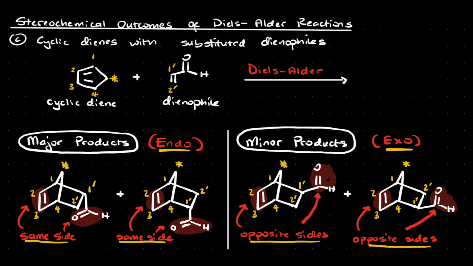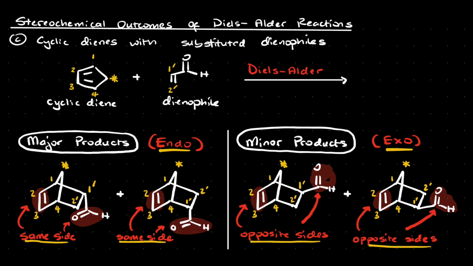When the dienophile ends up on the same side as the product pi bond, we call this the endo product. And then when the dienophile ends up on the opposite side of the product pi bond, we call it the exo product.